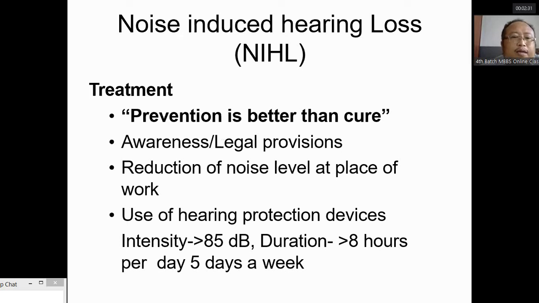So, how to manage? Prevention is better than cure. As you all know, there should be awareness and regular provision.